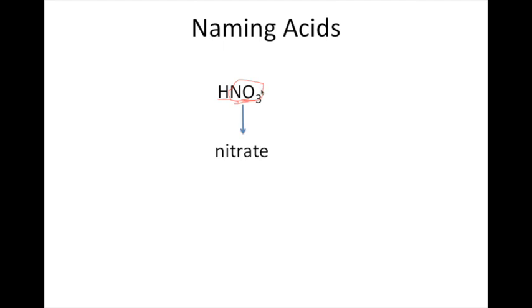NO3 minus is nitrate. So since our polyatomic anion ends in ate, our acid will end in ic. So instead of nitrate, we would call this nitric acid. So if your anion ends in ate, your acid will end in ic, so nitric acid.